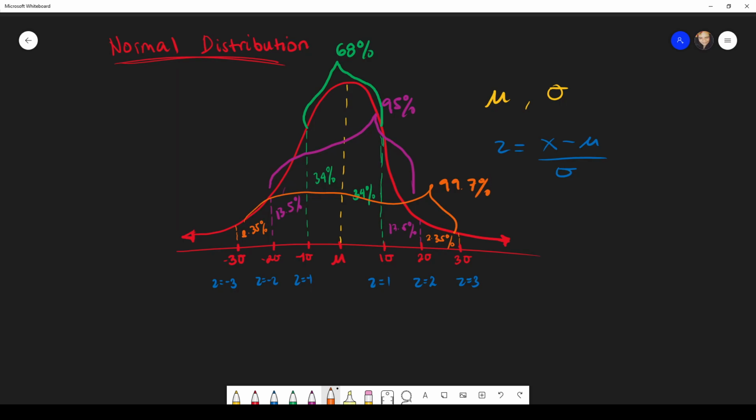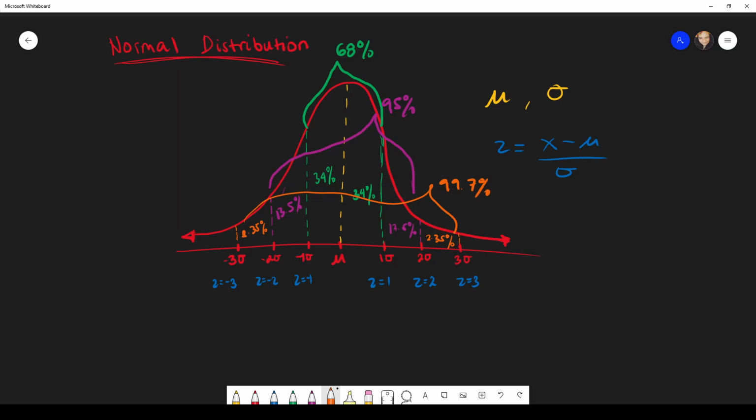Again, if your data lies within one standard deviation, then that's roughly 68% of the data. 34% of the data is above the mean, and 34% of the data is below the mean. Now, if your data lies within two standard deviations, then that's approximately 95%.